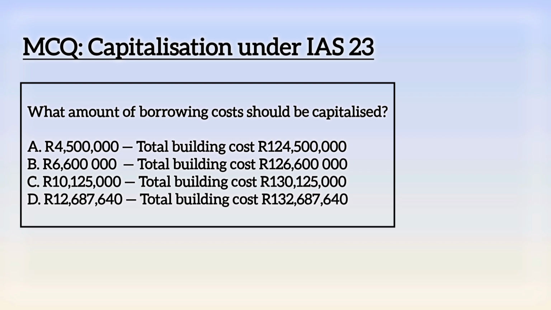Total building cost is 130,125,000. D, we have 12,687,640. Total building cost is 132,687,640. I want you to comment down below with your answer. It's either A, B, C, or D.